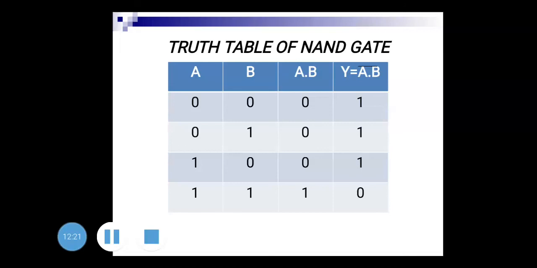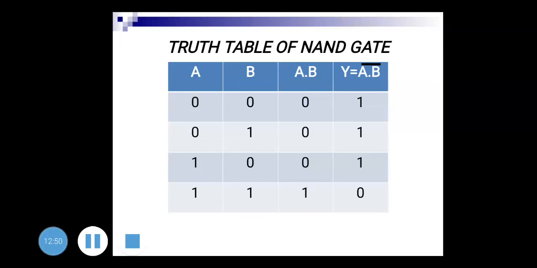This is the truth table of AND gate and NAND. So here the first column is of input A, the second column is of input B, the third column is A and B, because first AND gate operation will take place, and then the last column is Y is equal to A and B the whole bar, because after AND operation, NOT operation will take place.